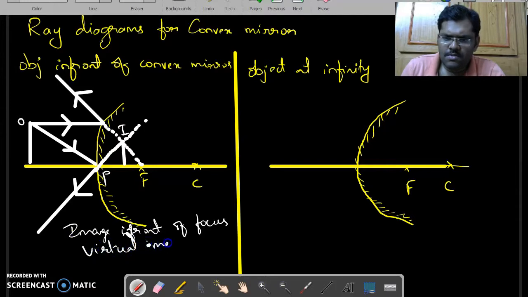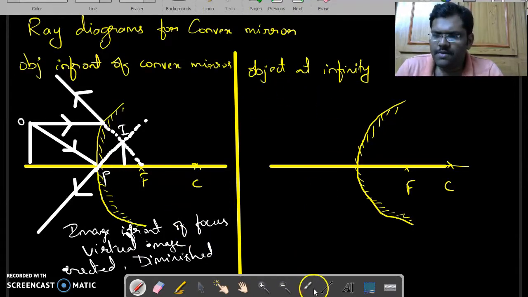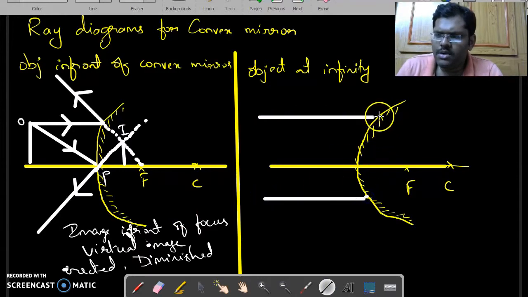If the image is virtual, then it is erect, and if we observe the size, it is diminished. And in the case when the object is at infinity, I am taking two light rays, they bend away and diverge.